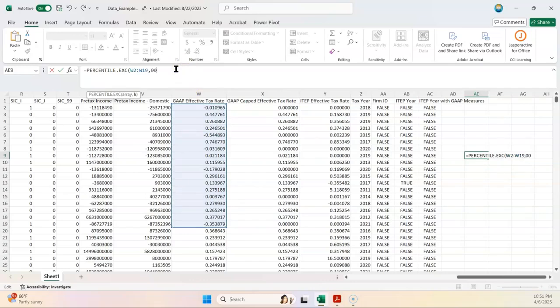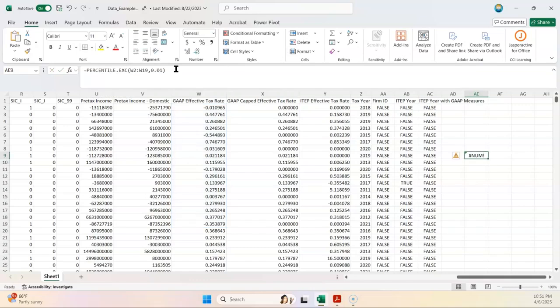If it was going to be the 1st percentile, it would be 0.01 because it is in decimal form. You close it up, and that would give you the number. I'm getting an error because I don't have enough data points in there. So let me redo this and select the entire column.